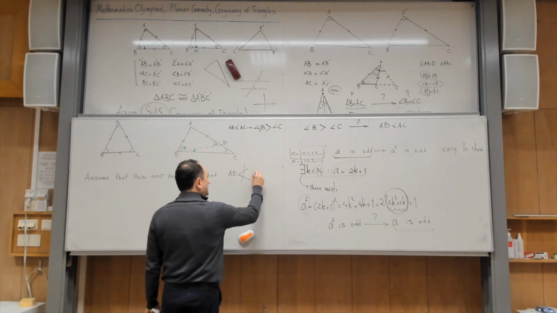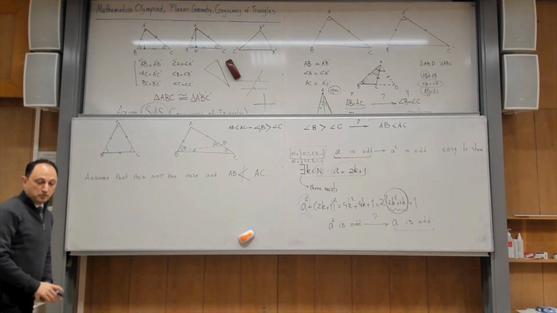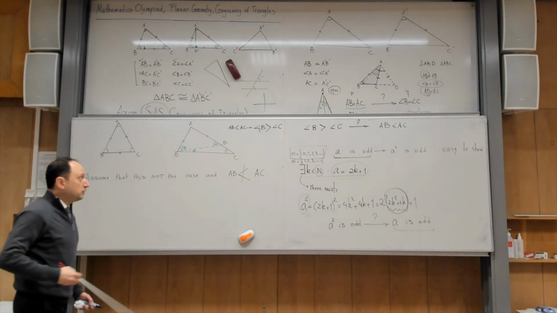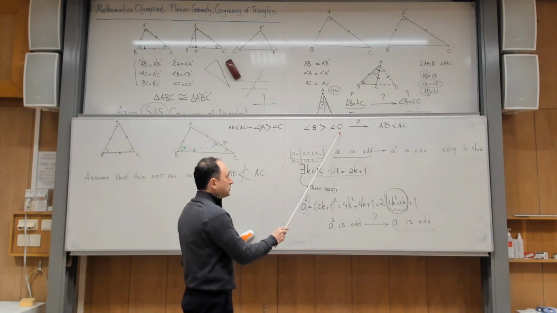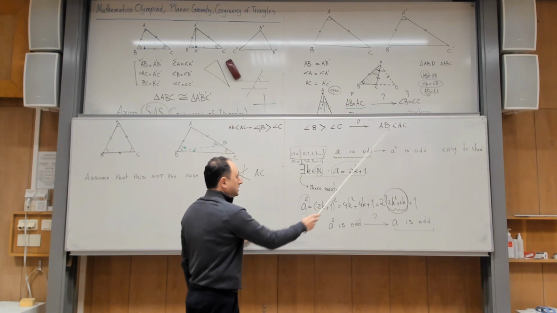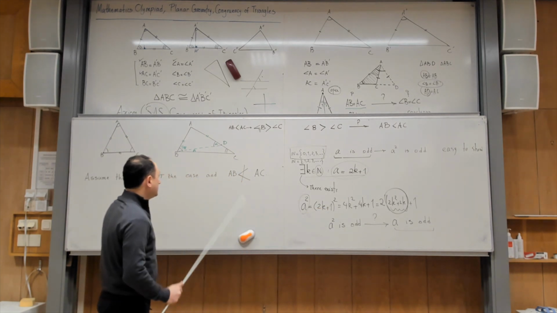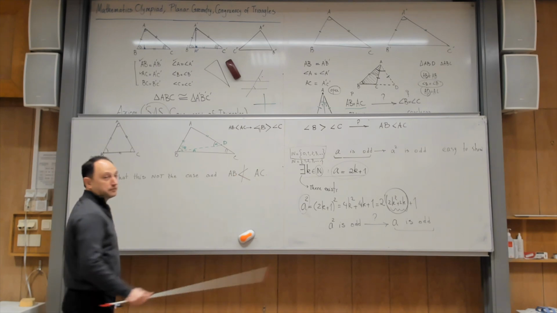AB is not smaller than AC. Yes? My goal, we know that angle B is larger than angle C. We want to show that AB is less than AC. If you disagree, it means that AB is not less than AC.